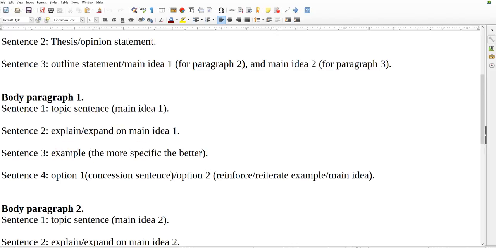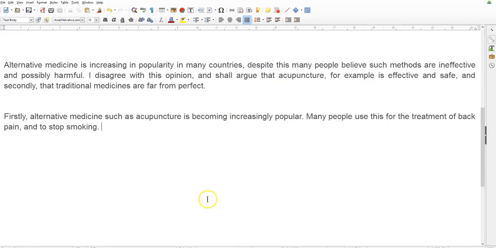I need an example. So what can we say? To mention the increased popularity, uses for treatment of back pain and to stop smoking.